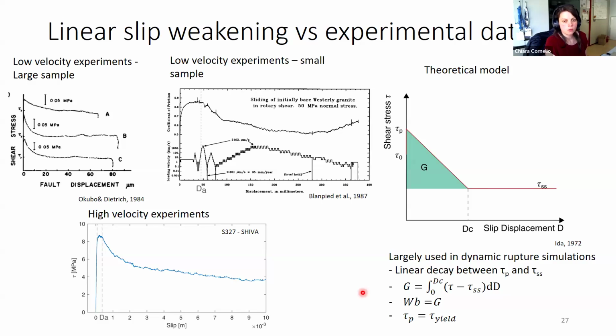To do that, we focus on two main features that we observe in the lab. First, the existence of this dA distance, the slip between the yield stress and the peak stress, which was observed not only in the experiments that we performed on SHIVA, but also in experiments performed at low velocity using large and small samples. Second, we want to capture the decay of the shear stress during the dynamic weakening, which is actually nonlinear.